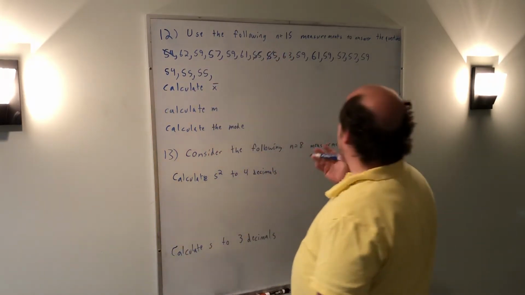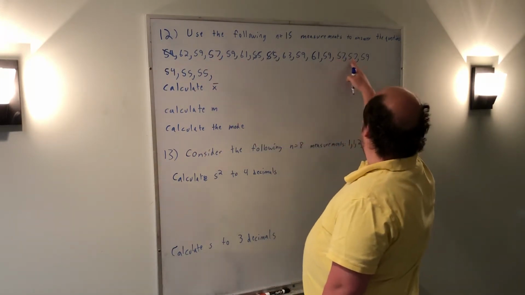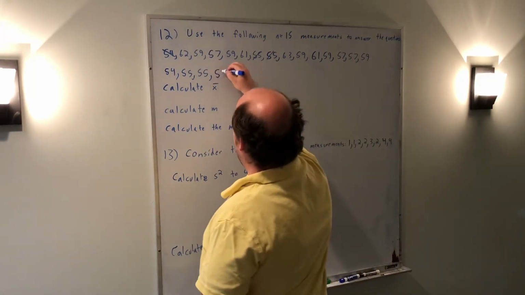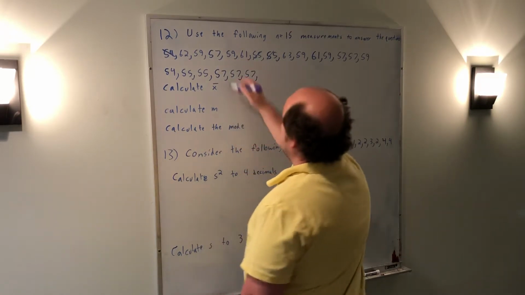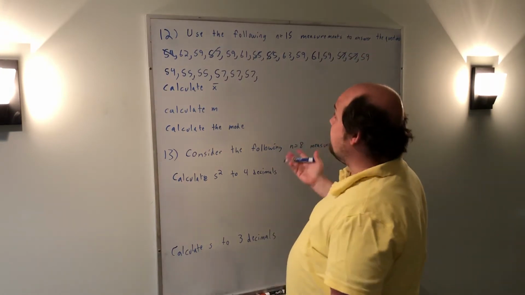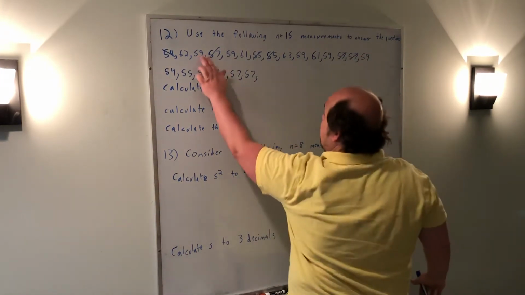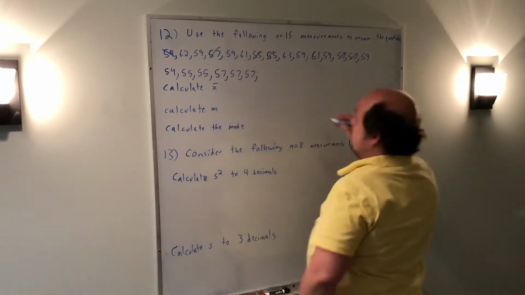I'm looking for any 56s. I don't see them. I see 1, 2, 3 57s. I'm looking for 58. I don't see any. I see 1, 2, 3, 4, 5 59s.